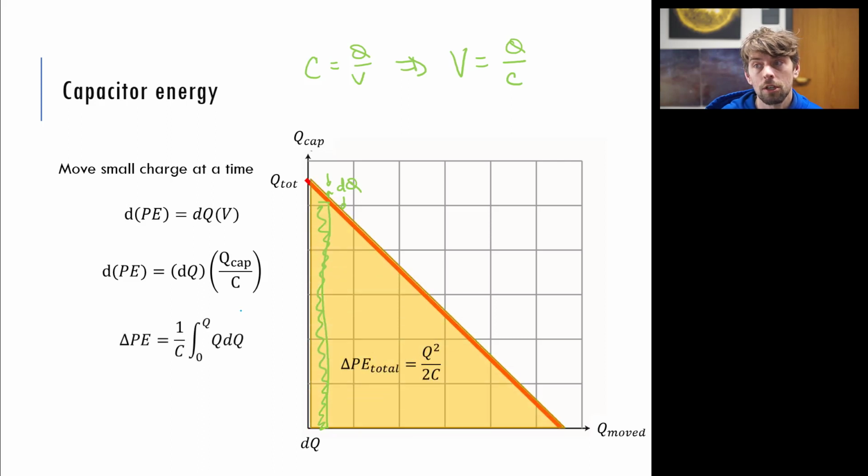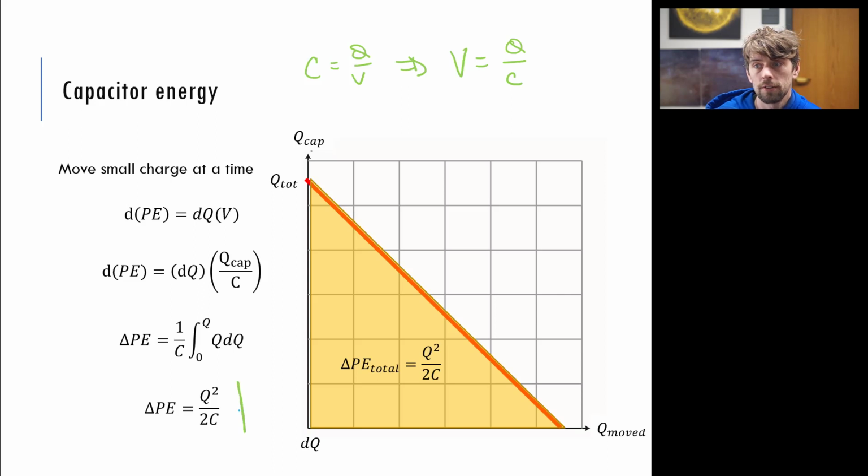Okay? We are going to sum up all of those infinitesimal contributions. Now, how we sum that up, because we are moving tiny charges, we can do an integration. So evaluating, we get something that says Q squared over 2C. Now, I apologize, I've dropped my limits of integration here.